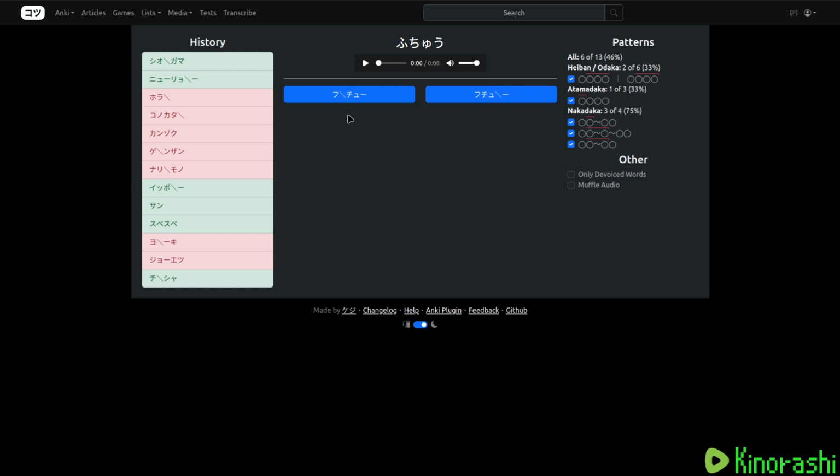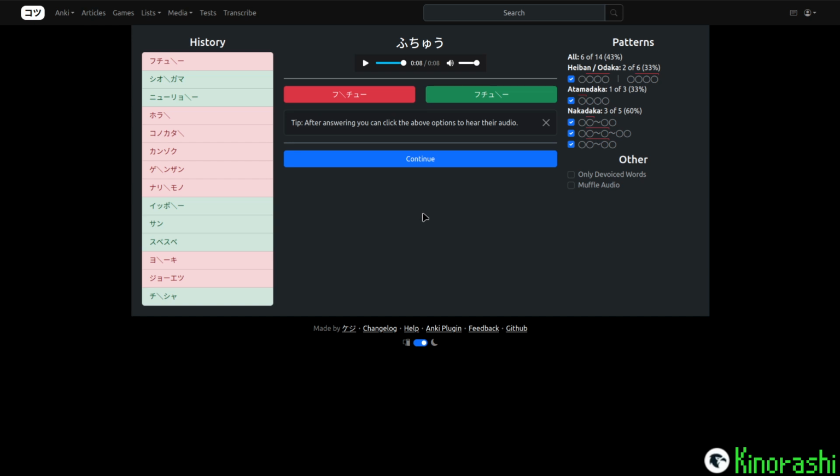And this is saying, is it an Atamadaka? 府中 Fuchu. So it was a Nakadaka.